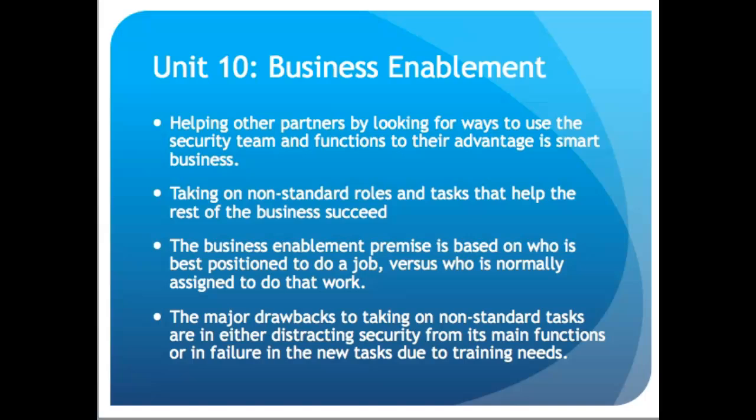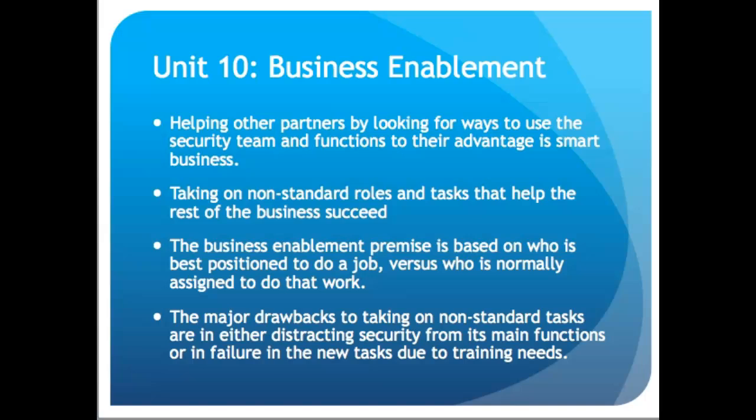The real premise, though, behind business enablement is that it's not about whose job is it to do something, but rather who's best positioned to do that job by the function they're normally assigned to do. So again, the security person is doing rounds in a building as part of their normal work. They could check the fire extinguishers and the hoses to make sure they're all intact and the gauges are right, rather than send a safety person around to do that and just following the guard around in their tracks.